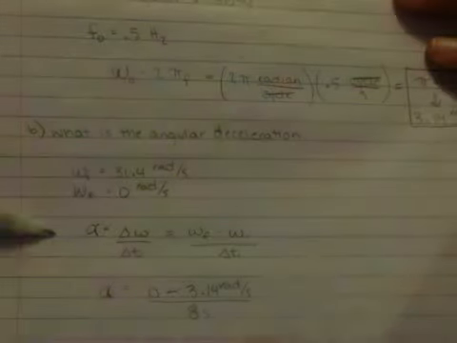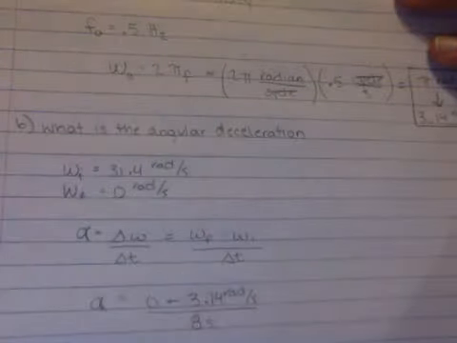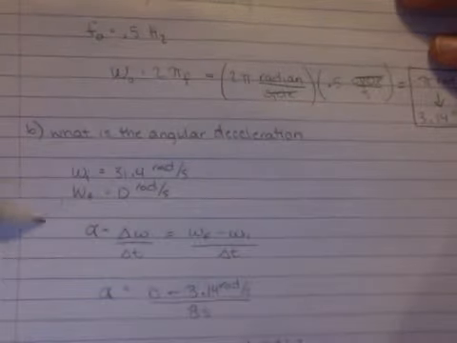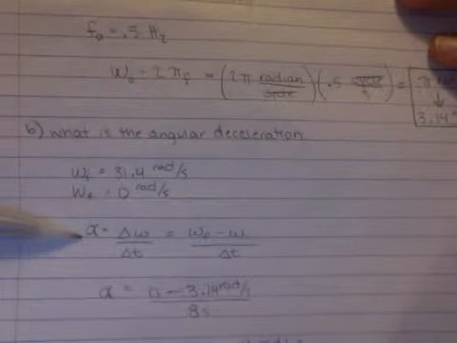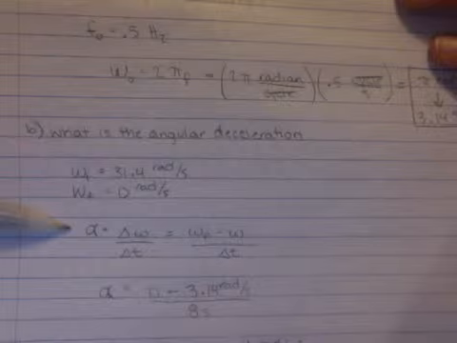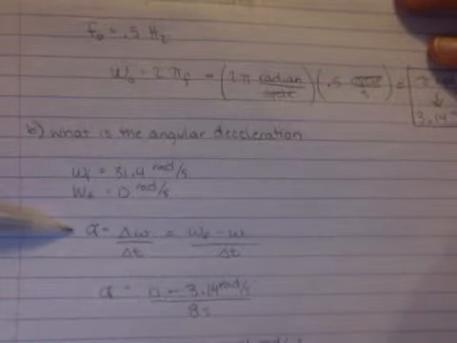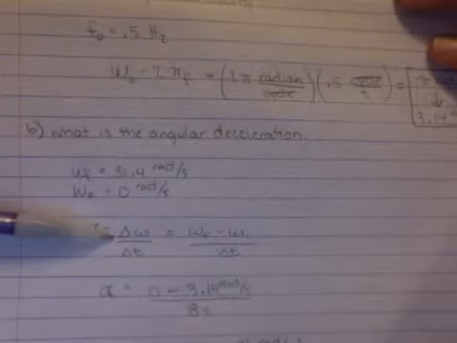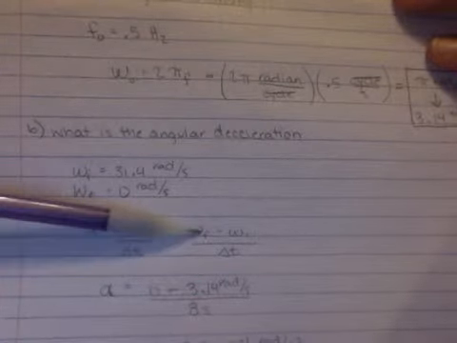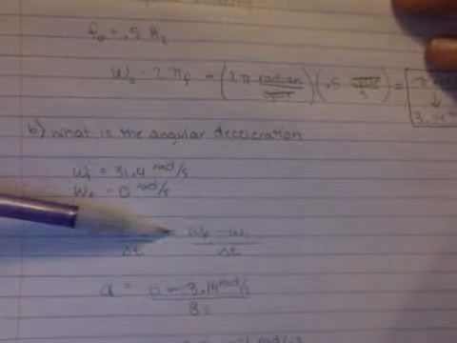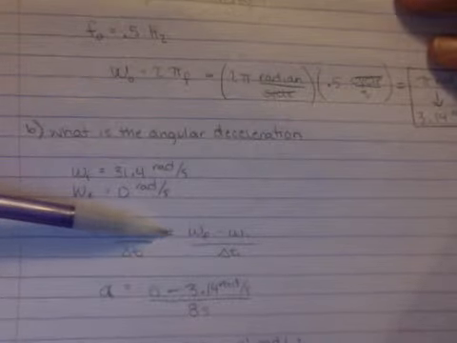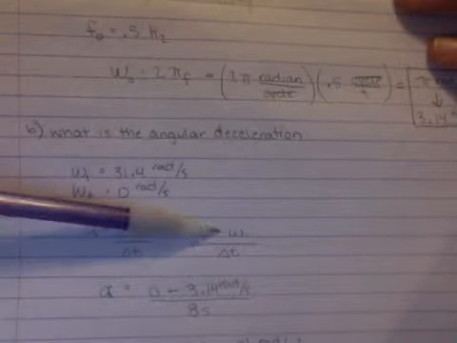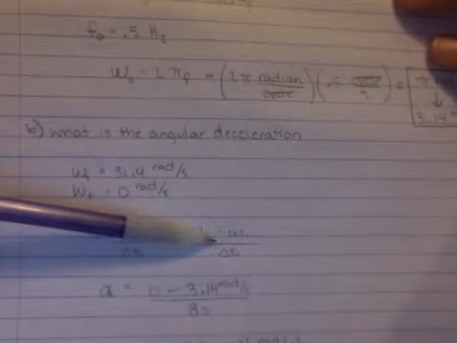So to find the angular deceleration, we use angular acceleration equals the change in angular velocity over the change in time. So we can also write that as the final angular speed minus the initial angular speed.